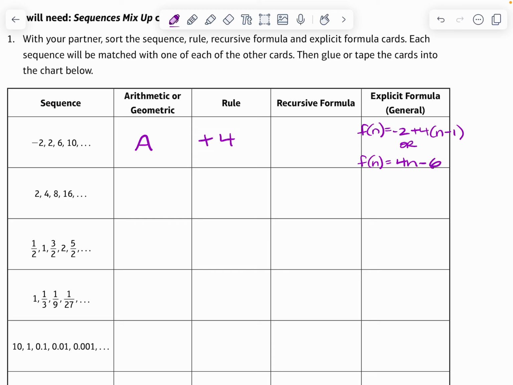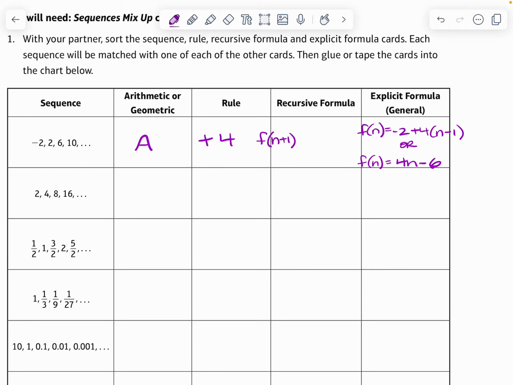All right, when we write recursive, recursive requires the term in front of it, right? It builds on it. Explicit, you can just put in any term you want to jump to, but not this one. So if I want f of n, that changes the variables I use. I could do f of n plus 1, meaning the next term. I think I'm going to do that. It makes no difference which one you use. So I'm going to do f of n plus 1.